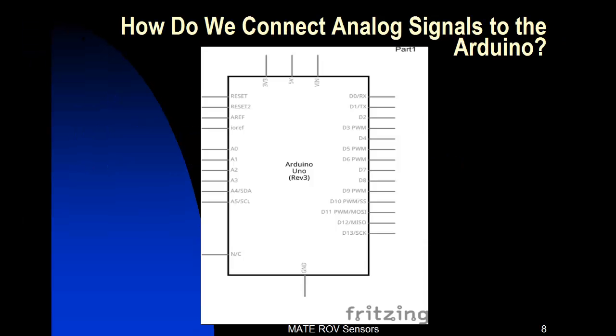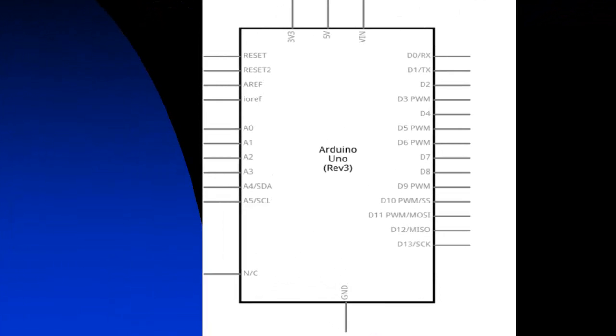Alright, how do we connect up the analog signals to the Arduino? The Arduino has a number of special pins, and some of them have analog input capabilities. If you look over here, you'll see these pins A0, A1, A2, A3, A4, and A5.